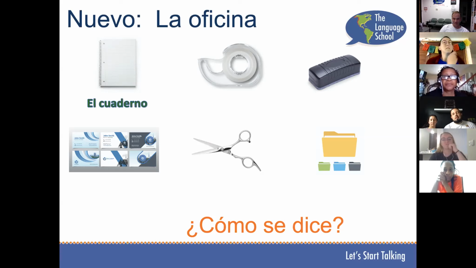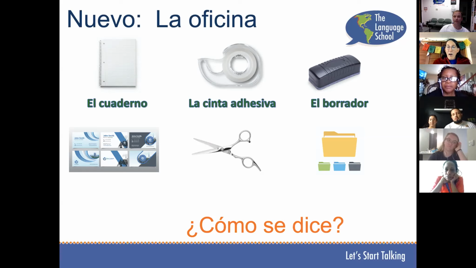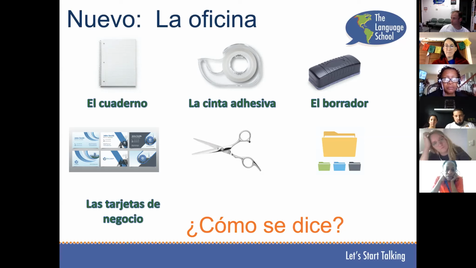Orlando? ¿Cómo se dice tape? La cinta adhesiva. Muy bien, Andrea. ¿Cómo se dice eraser? El borrador. ¿Cómo se dice business cards? Las tarjetas de negocio. ¿Cómo se dice scissors?